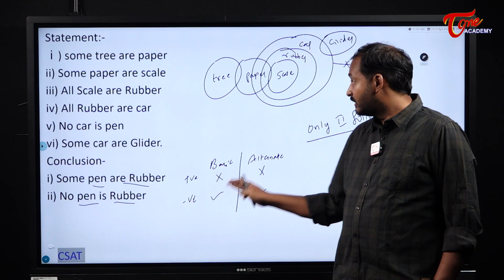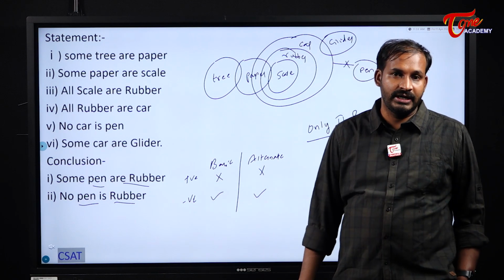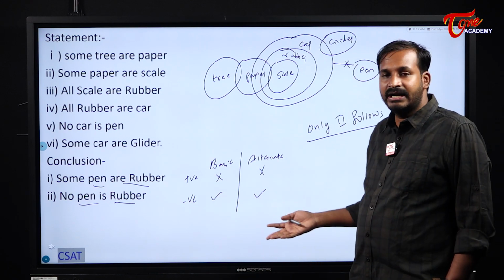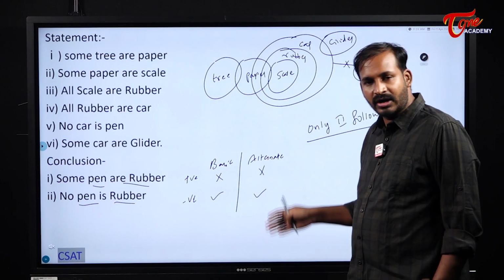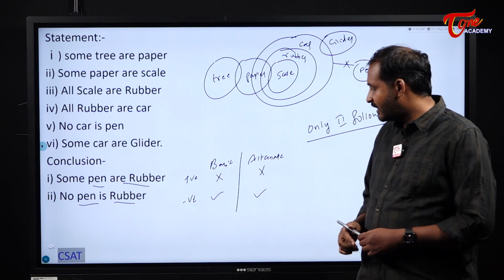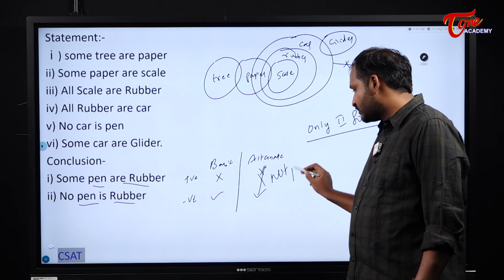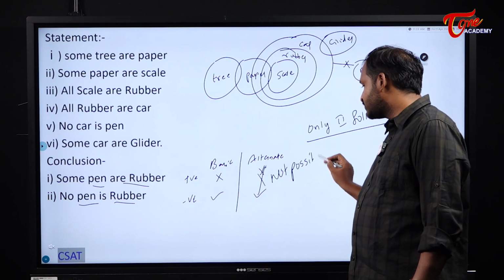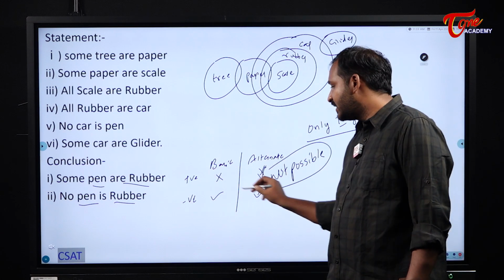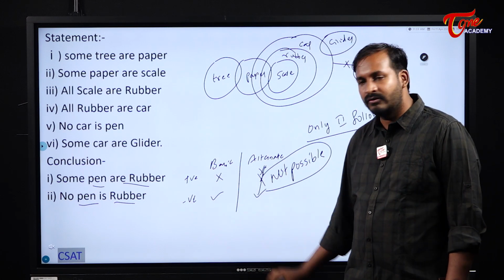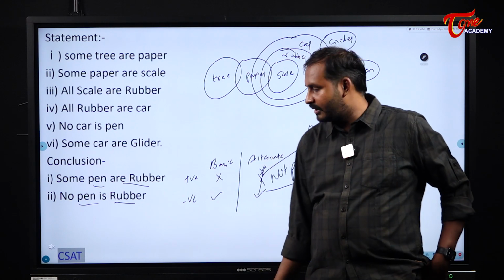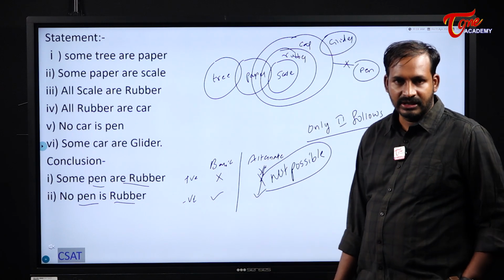In this case, there is no possibility to draw the alternate diagram. To be frank, alternate is not possible here, so I will go with the basic one only. My second conclusion, the negative, is true. I am not having any either or case here.